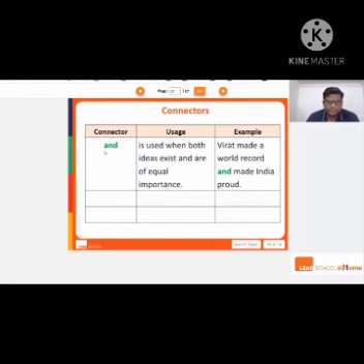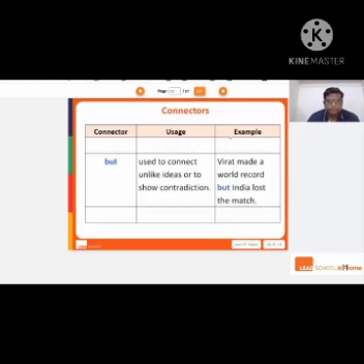Let's look at "and" once again. And is used when both ideas exist and are of equal importance. We have already seen this example. When do we use the word but? But is used to connect unlike ideas or show contradiction. This is one example.